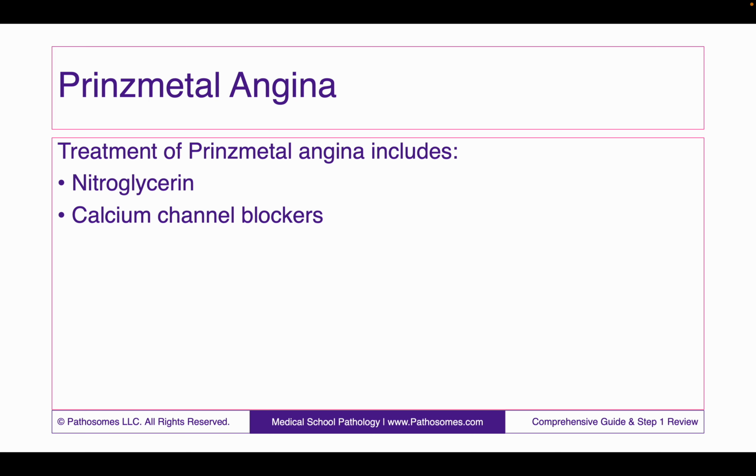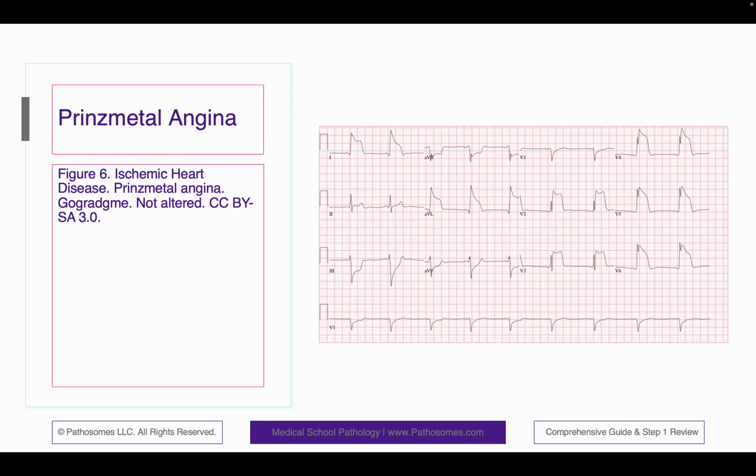Well, it's the release of calcium that causes that contraction, right? But if you block the channels, there's less contraction of those smooth muscles and the vessels stay open, preventing Prinzmetal angina. And we already know what nitroglycerin does, right? Here's an electrocardiogram from a patient experiencing Prinzmetal angina.